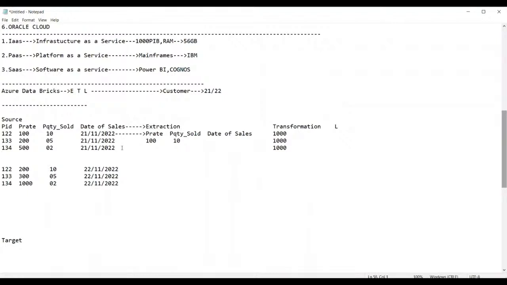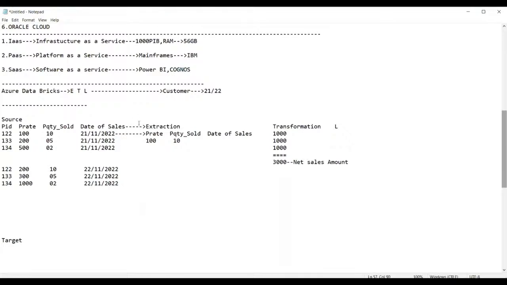What is the sum of these three? It is 3000. Can you see? 3000 is the net sales amount. Am I right, guys?